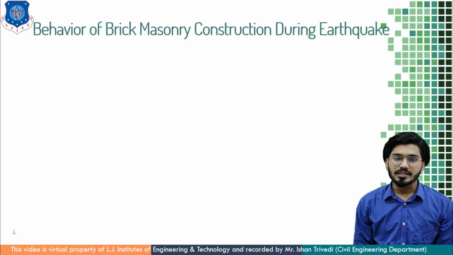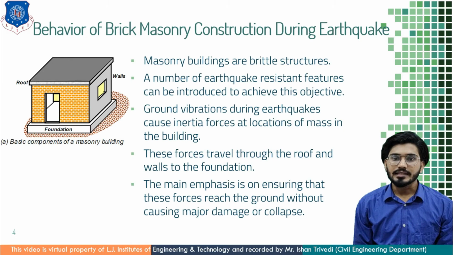Now understand the behavior of brick masonry structure during earthquake. As I said, masonry buildings or masonry structures are brittle. A number of earthquake resistant features can be introduced to achieve this objective, and ultimately we can reduce the effect of earthquake in the masonry building.